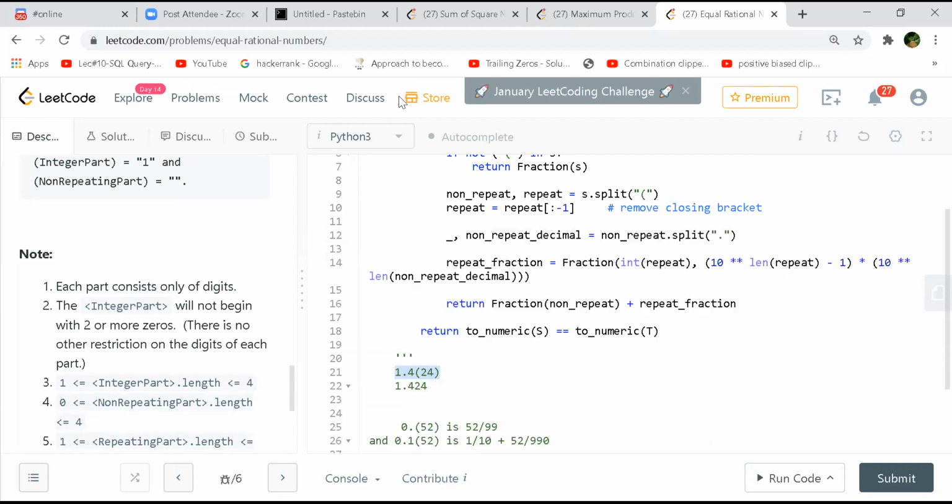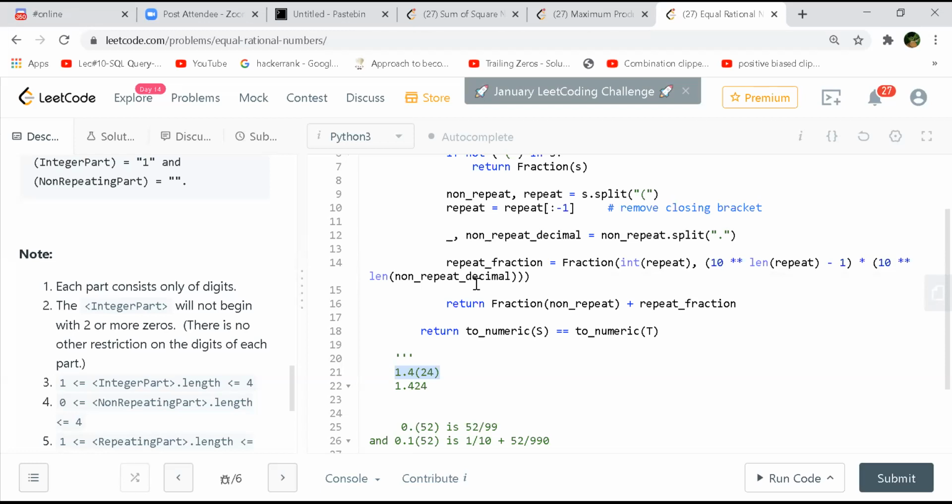So you're already passing that non-repeat. In the non-repeat, you collect both of them, it seems, correct? So the integer part, you don't do any splitting. That complete is passed as a non-repeat. So you only add this fraction. In the fraction, you just separate the numerator and denominator for the ones which you are repeating, the recurring part.